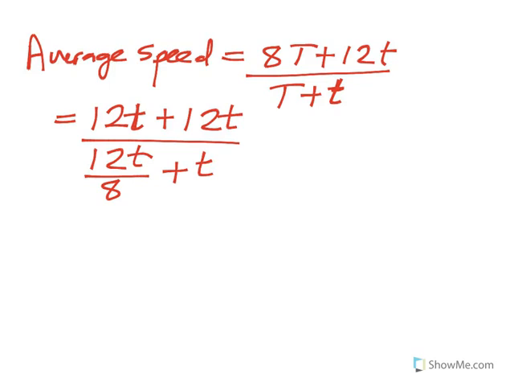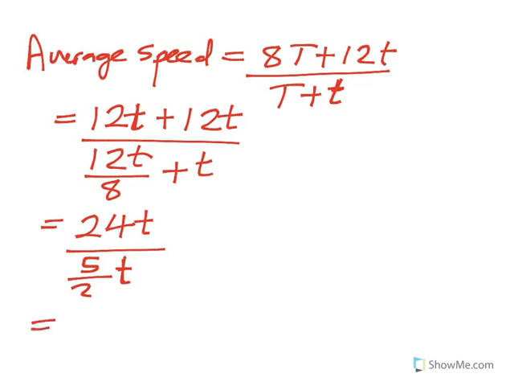Now if you simplify, you are going to get 12t plus 12t, which is 24t, over 12t over 8 plus t. You are going to get 5 over 2t if you add the bottom.